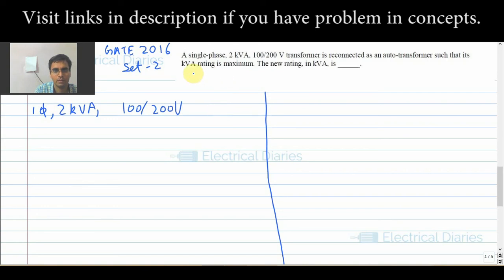The kVA rating is maximum only if the transformers are connected in additive polarity. So that is understood. Now there can be two cases of connection.